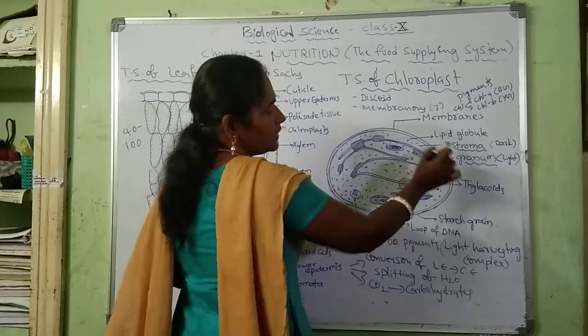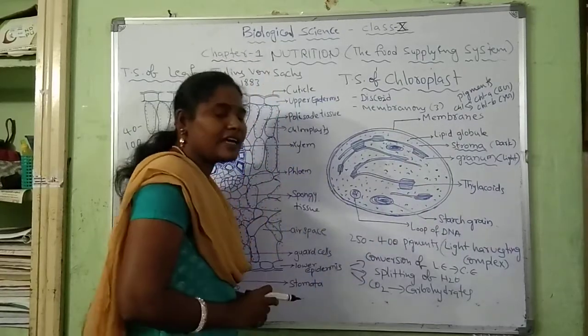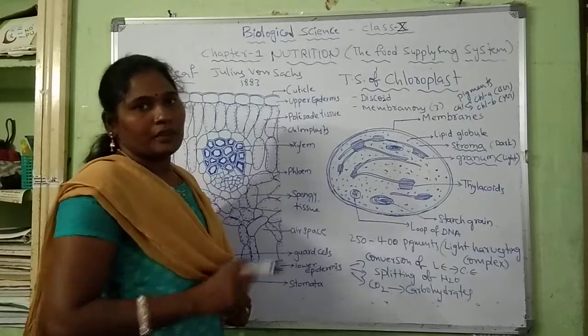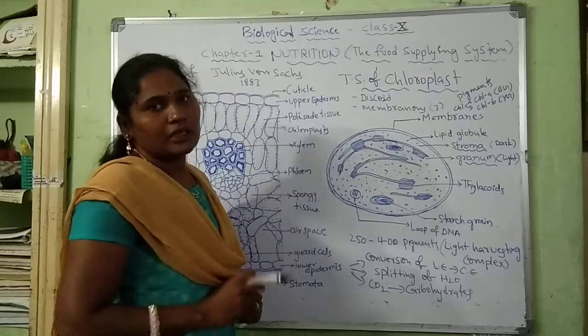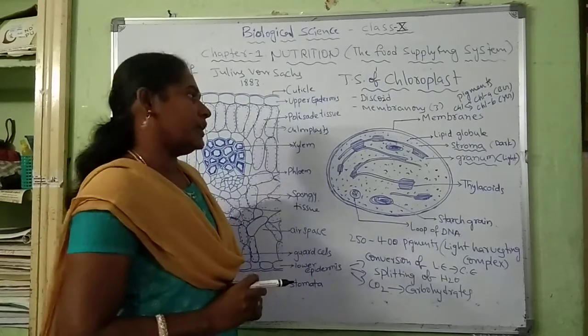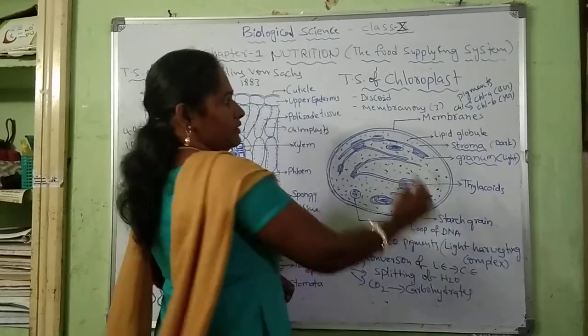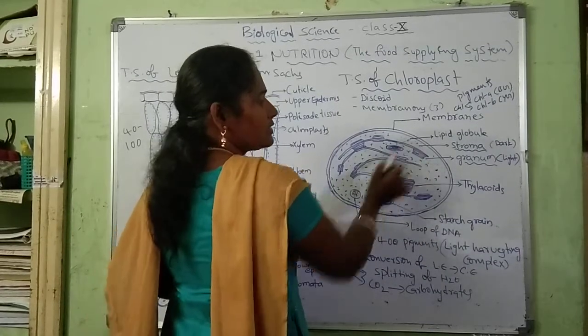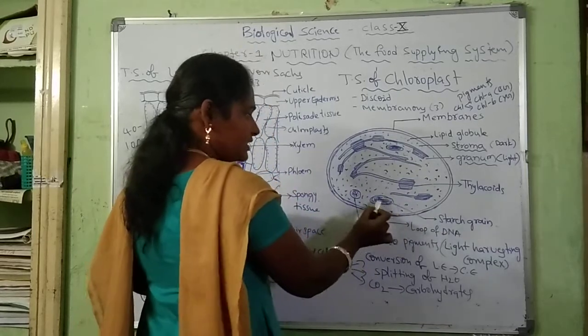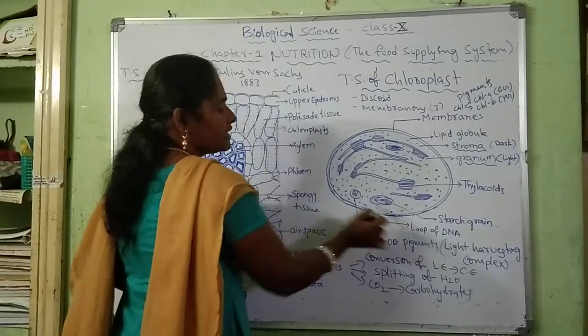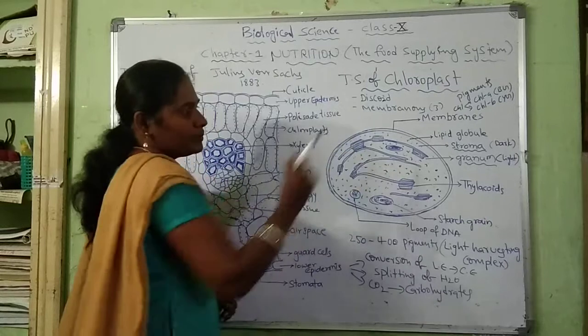The stroma is the site of the enzymatic reactions which lead to the synthesis of glucose, the synthesis of carbohydrates. And here there are also lipid globules and starch grains, and loops of DNA are present in the chloroplast.